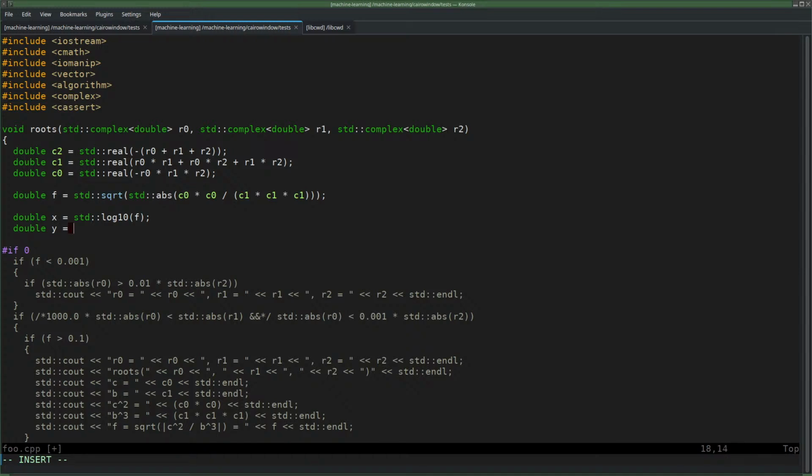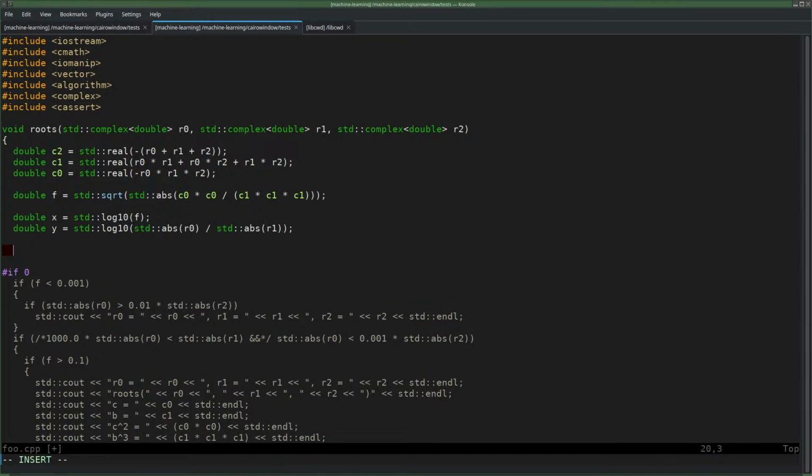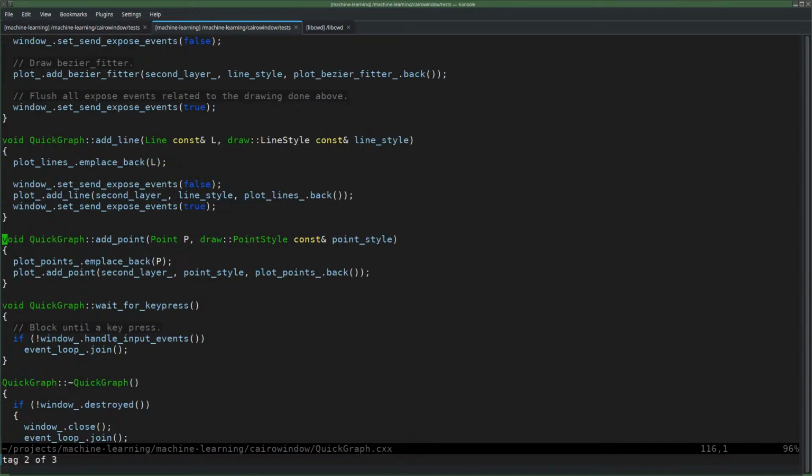And then vertically we plot the log of the ratio between the absolute value of R0 divided by the absolute value of R1. That should be detectable. It should probably give a nice plot. Okay, so there must be some points. I'm going to do add point, x, y. Add point being a part of quick graph.